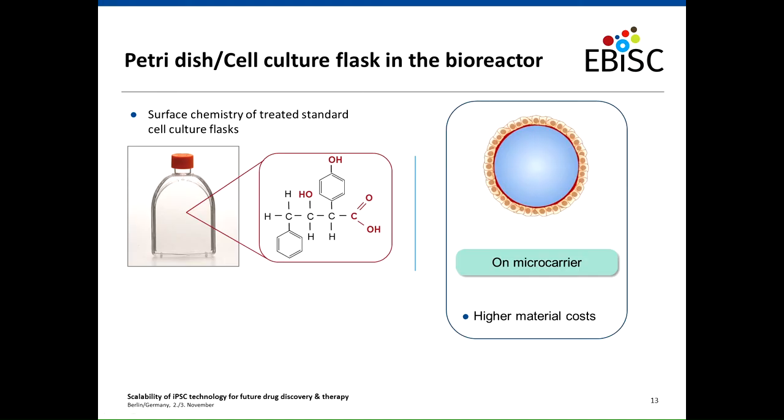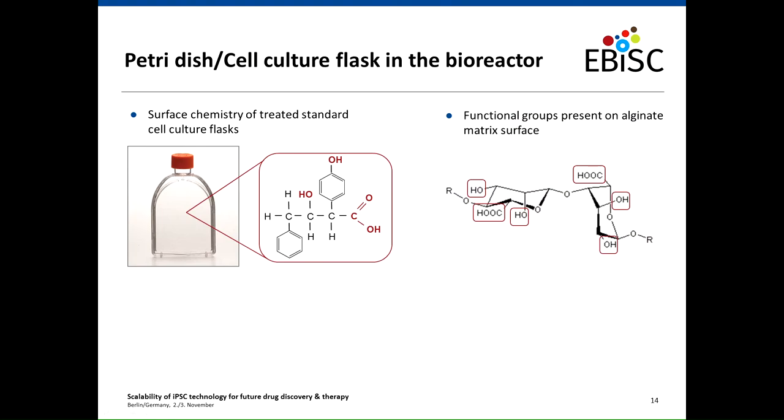Of course, we could have started with a normal plastic microcarrier or a polystyrene microcarrier, but to be as close as possible to these active groups from the beginning, we decided to use a hydrogel called alginate from marine seaweed. And you can see here how this alginate looks, and we already have most of the functional groups that are present in the surface chemistry of the treated standard culture flasks. The only thing still missing are these phenol groups.